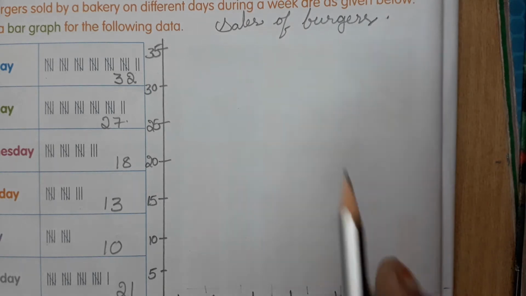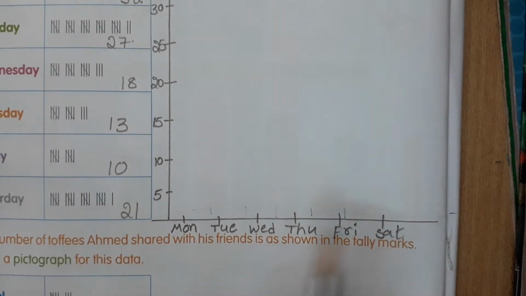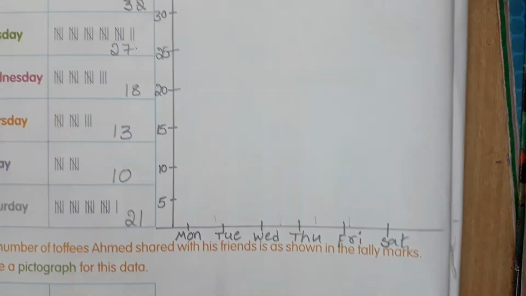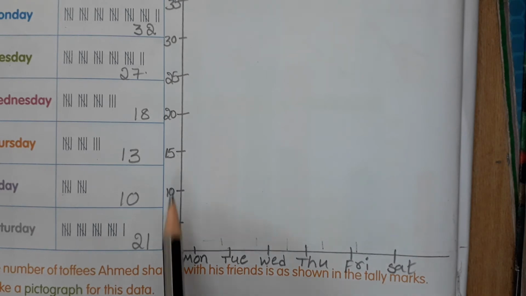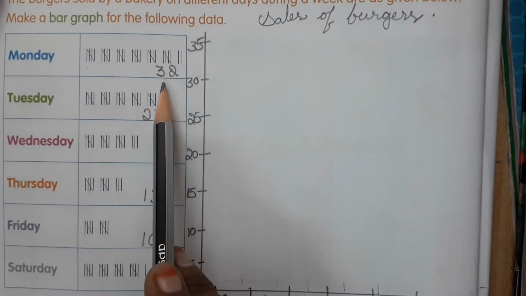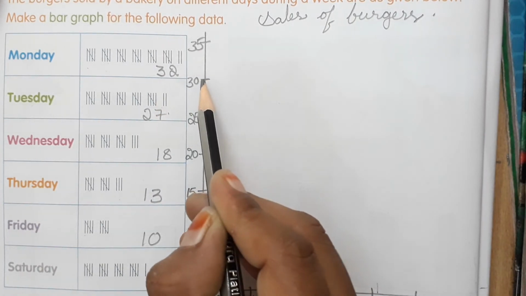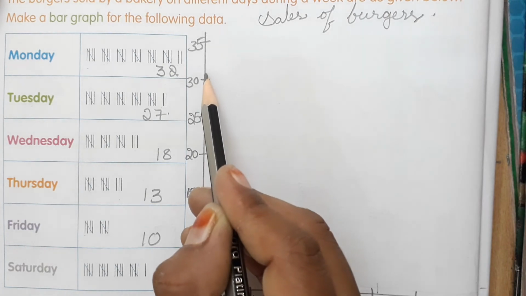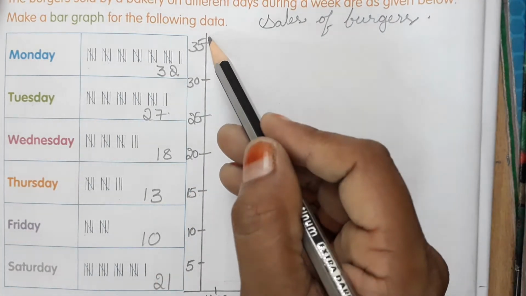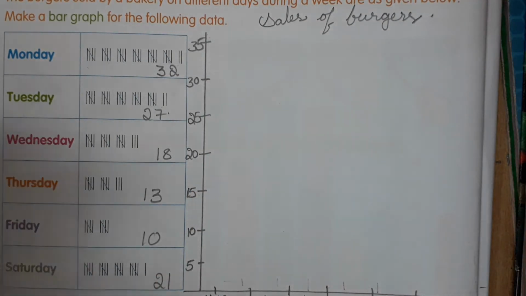So look here, children. Sales of burgers. This is the horizontal line. I wrote the days' names in the vertical line. These are the number of burgers. Okay. So on Monday, how many burgers were sold? 32. So here this is the 30. You have to draw a line more than 30 and less than 35.